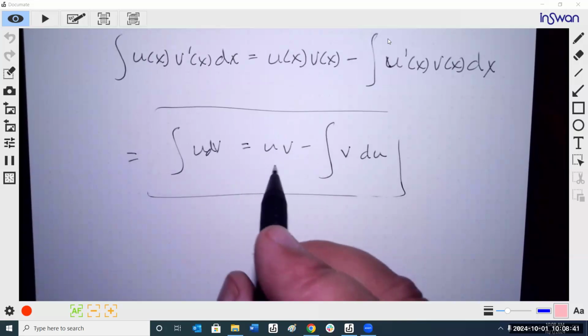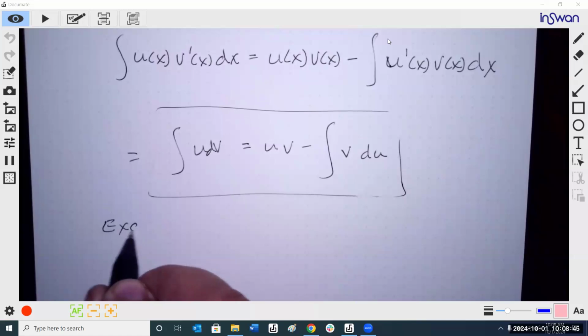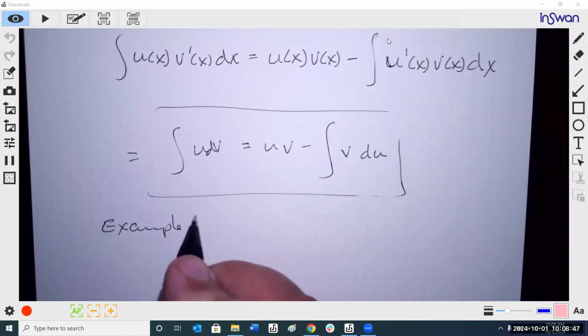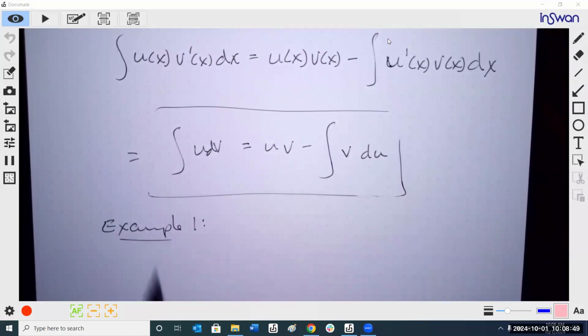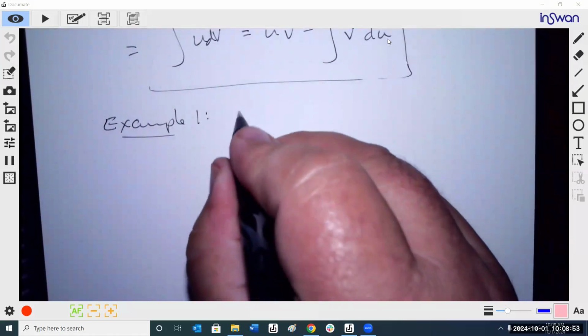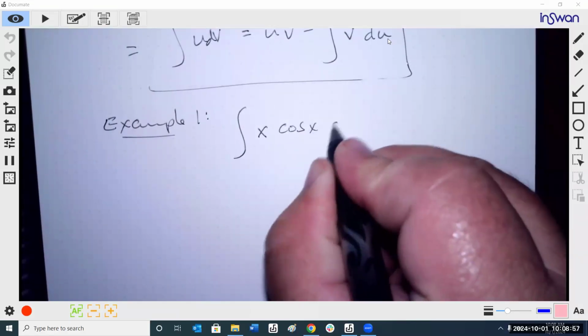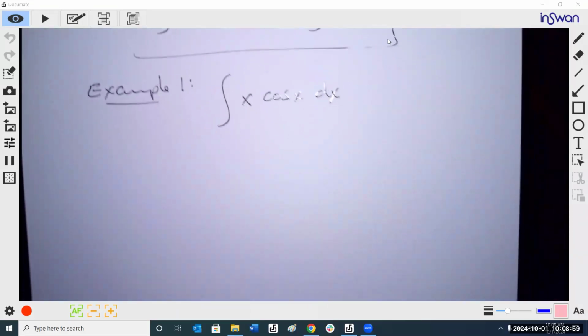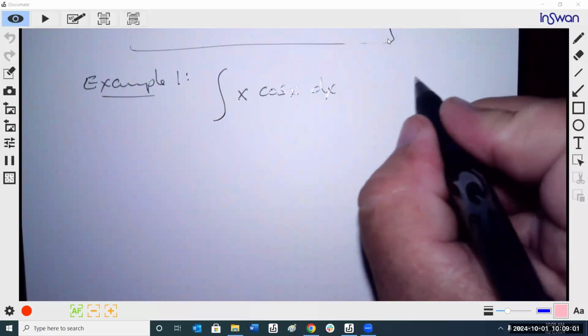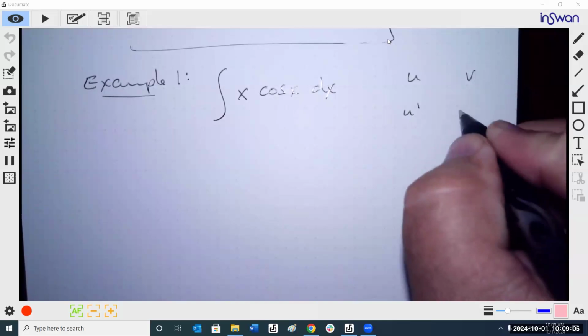In other words, once I give you, well, let's look at the example. Once I give you a function, you have to determine what part is u, what part is v. The example one says the integral of x cosine of x dx. Remember the conditions. We have u and v prime.